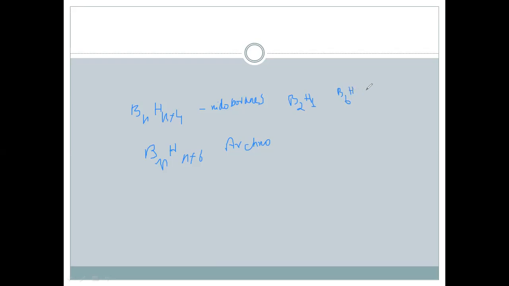They may say among these, which is the nidoborane in the NEET exam, not for the KCET. Whereas B4H10, it is an arachnoborane. And see here, whenever arachnoboranes are there, they are less stable. So this one is less stable compared to nidoboranes. Note it.